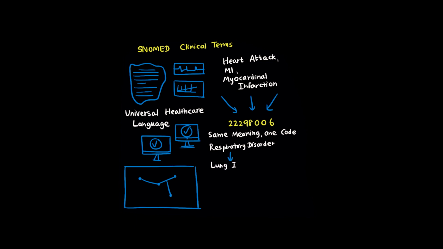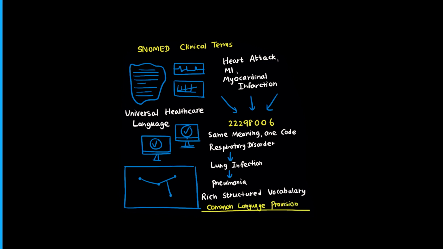This goes beyond simple translation. SNOMED captures relationships between concepts, clinical nuances, and hierarchies of meaning. It knows that aspirin is both an analgesic and an antiplatelet. It understands that pneumonia is a type of lung infection, which is a type of respiratory disorder.